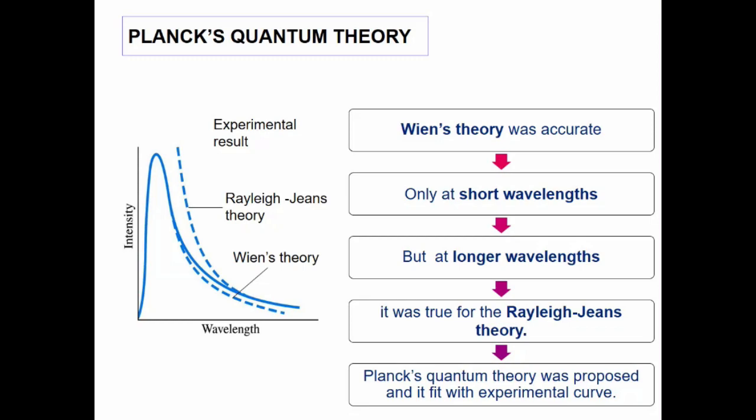At a given temperature, the intensity of radiation is found to increase with an increase in the wavelength of radiation, reach a maximum value, and then decrease with an increase in the wavelength. This phenomenon couldn't be explained with the help of Maxwell's suggestions. Hence, Planck proposed Planck's quantum theory to explain this phenomenon.